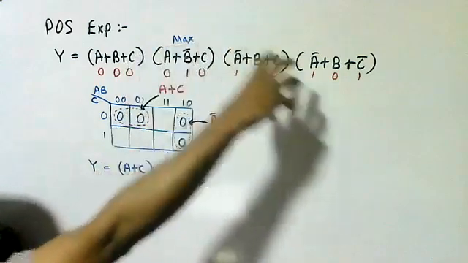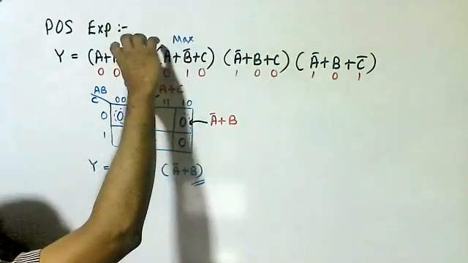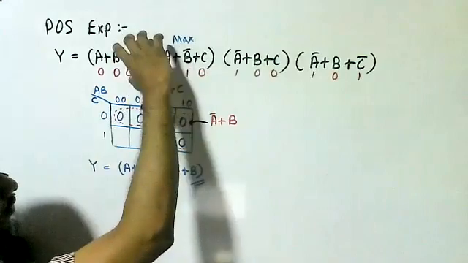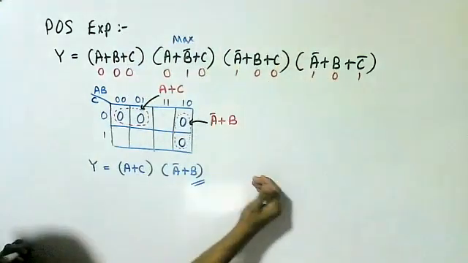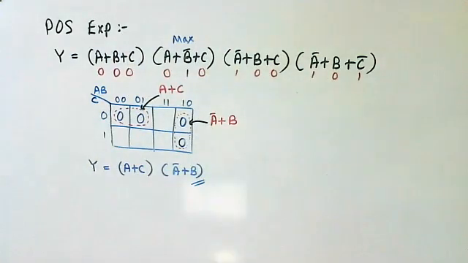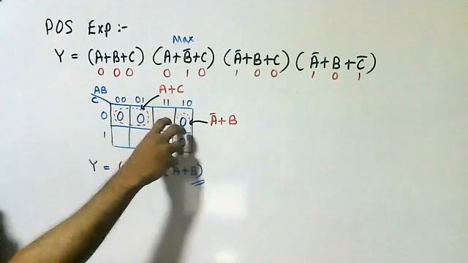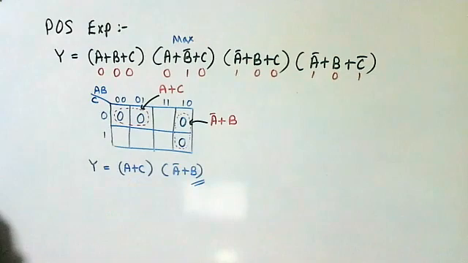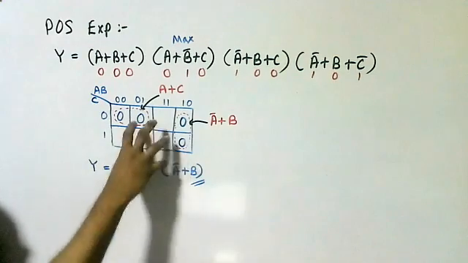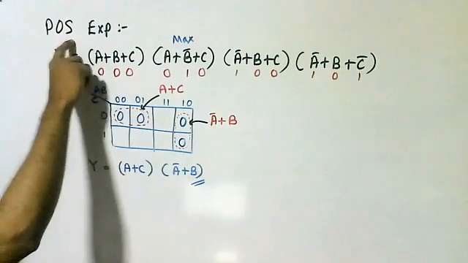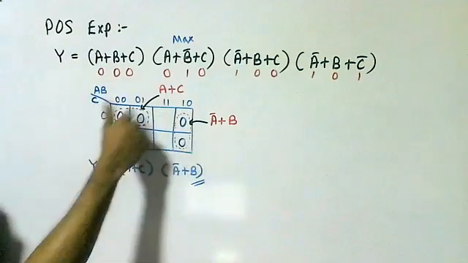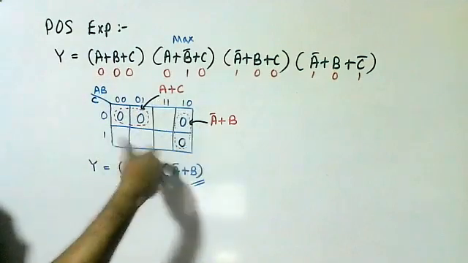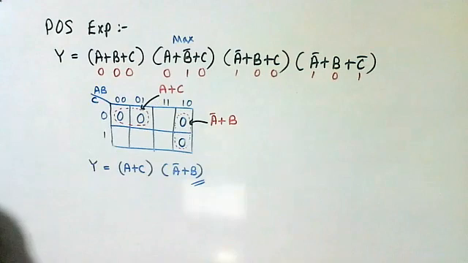So while we are using Boolean algebra, we can simplify this using Boolean algebra laws. And we can also simplify this using a Karnaugh map. In the exam, most probably we are getting an SOP expression, then ones here, and we have to group ones and take the simplified version.